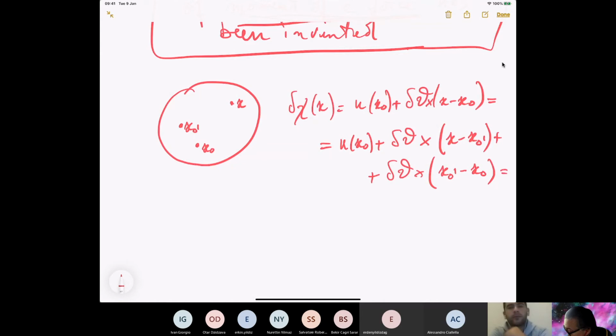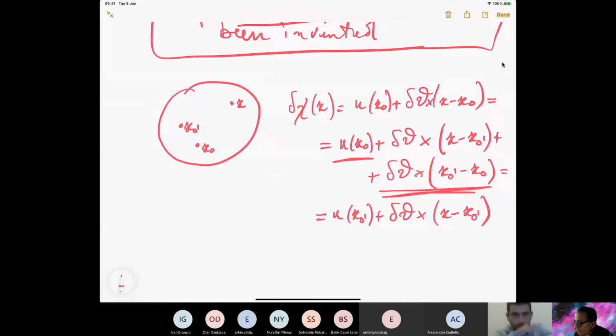And you can remark that this is u x0 prime. So you have that your formula does not depend on the choice of the pole. Okay.